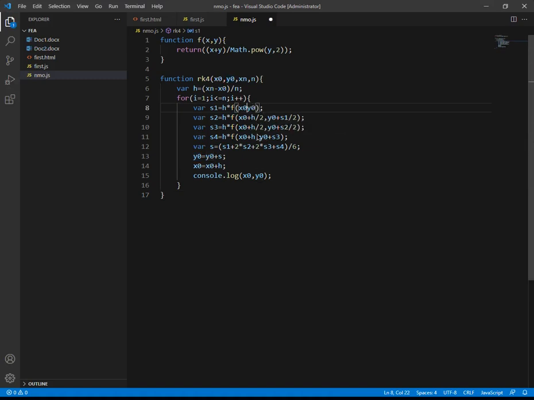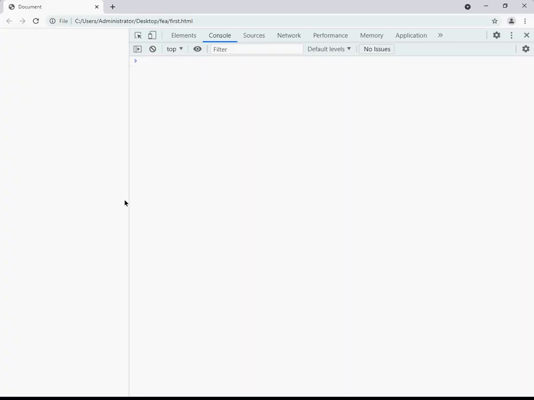Here x0 plus, not x0 comma y0. Reload. Okay. So you could see we were getting the similar sort of result. So this is how you can write the program and you can do it.